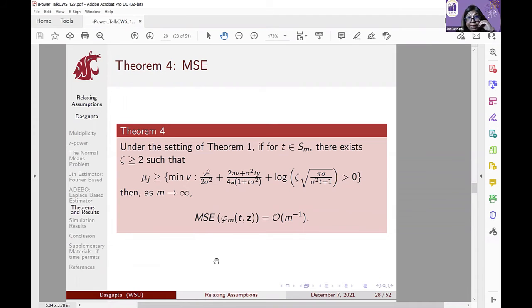And finally, the most important contribution of our method: our mean squared error, which is bias plus variance, is of order 1/m, which means the variance of this method is very, very small. That is what we really wanted in these kinds of estimators, really small variance.